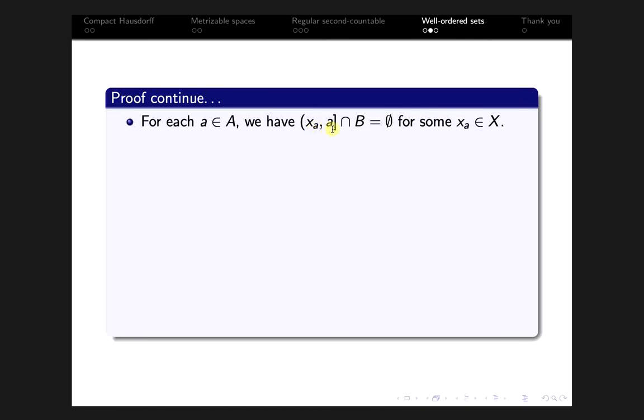This basic open set is contained in B complement, which implies this basic open set has empty intersection with B. So for every a in A, we have a basic open set (xa, a] whose intersection with B is the empty set, for some xa.